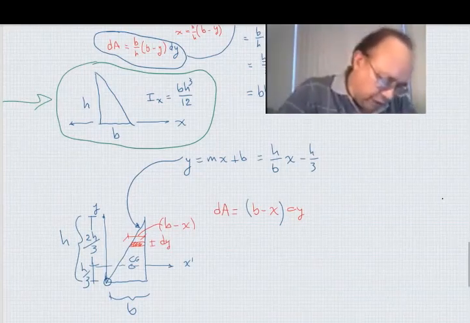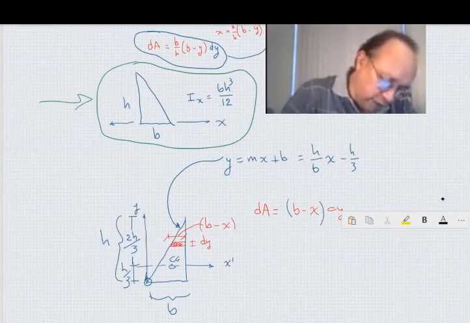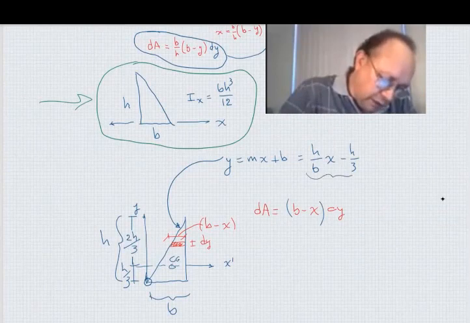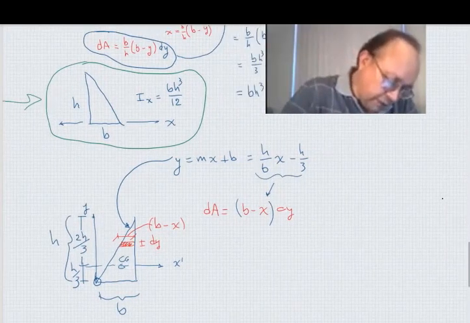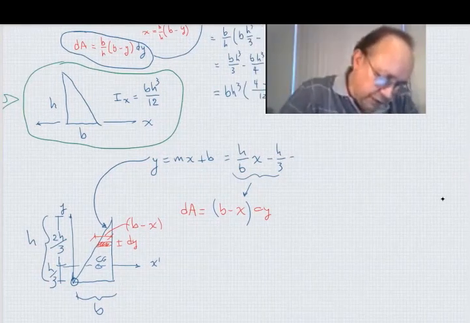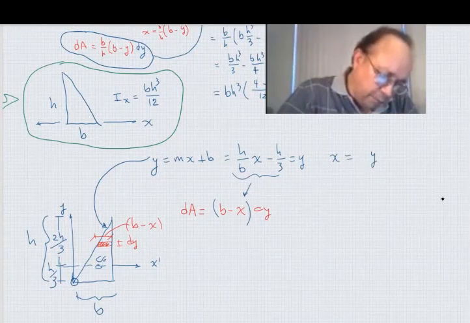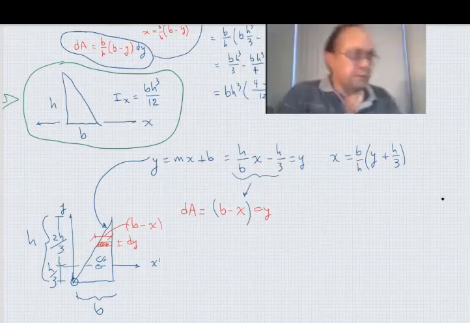And then we have to express x as a function of y in order to introduce this into the differential of area. So if I have this equal to y, then x will be equal to (y plus h over 3) times b over h.